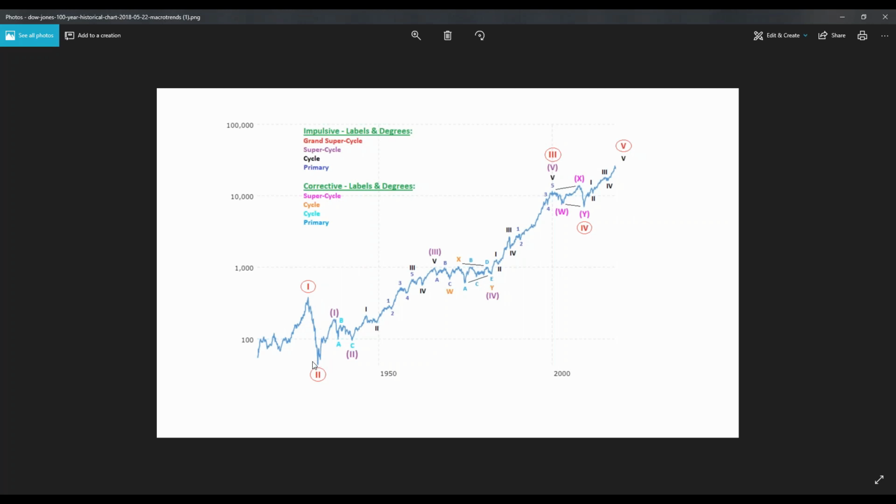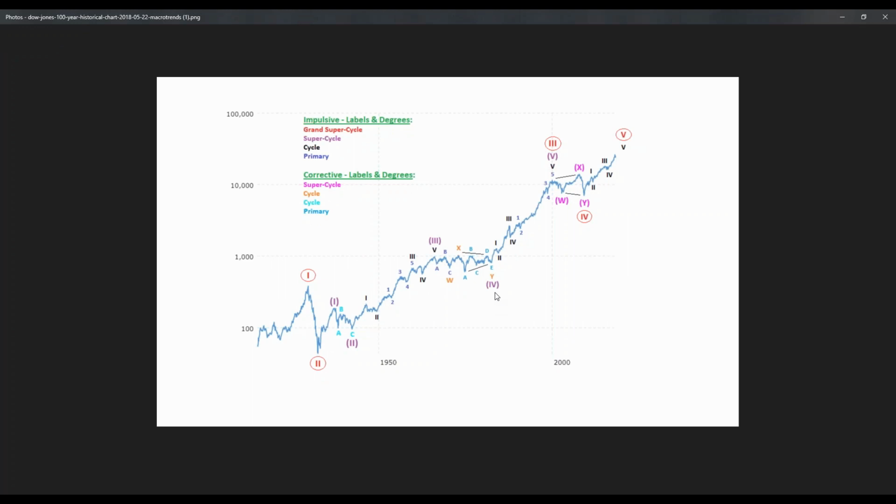So 1, 2. Then the bull market revived with a 1, 2, 3, fourth wave. You can see the complexity of it. Also law of alternation, simple correction in wave 2, super cycle purple, and complex in super cycle 4.